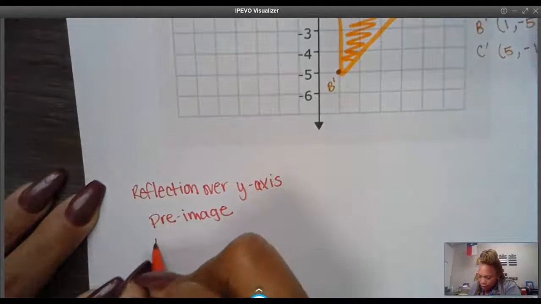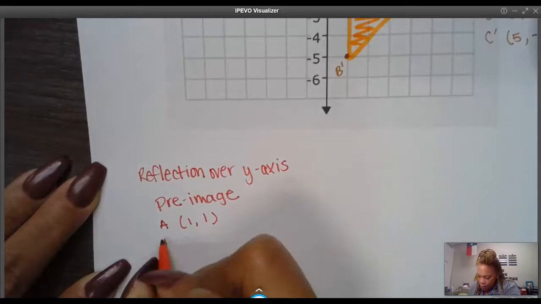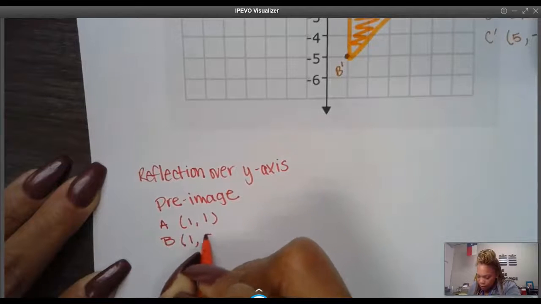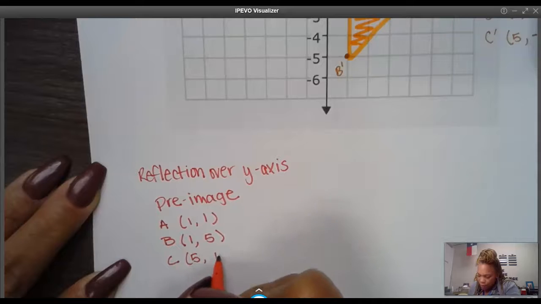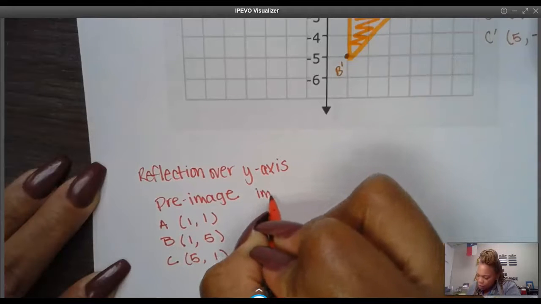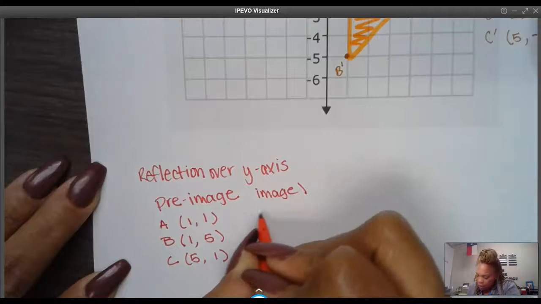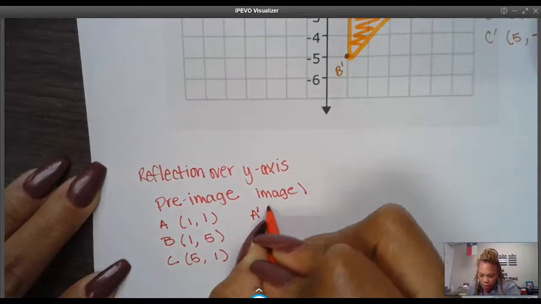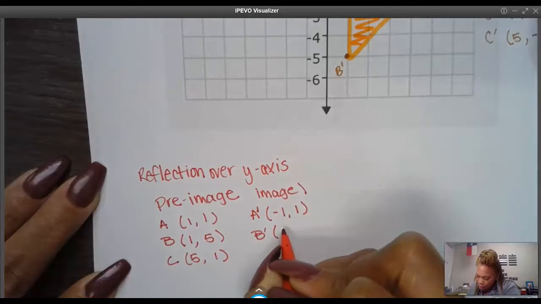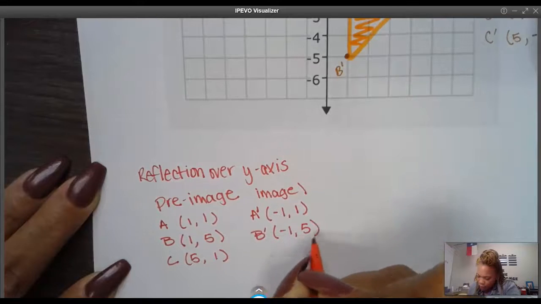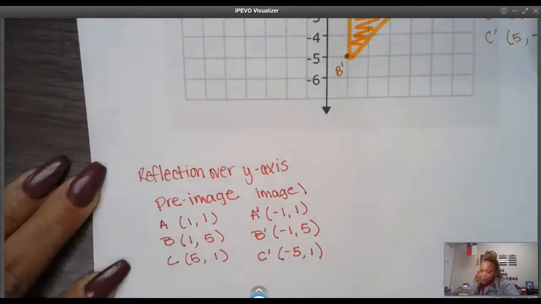A was 1, 1, B was 1, 5, C was 5, 1, and then my image. A prime was -1, 1. B prime was -1, 5. C prime is -5, 1.